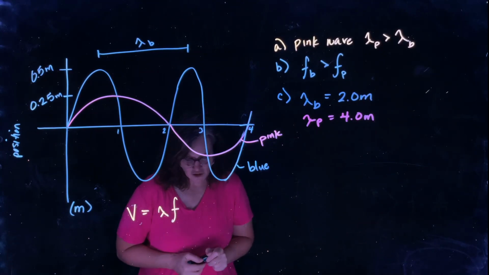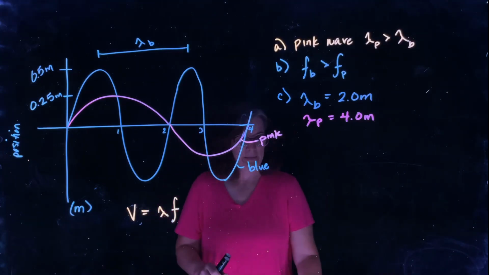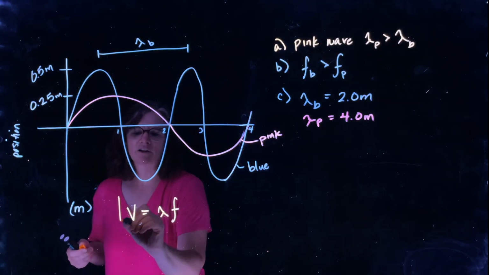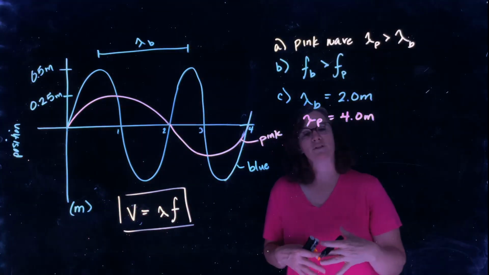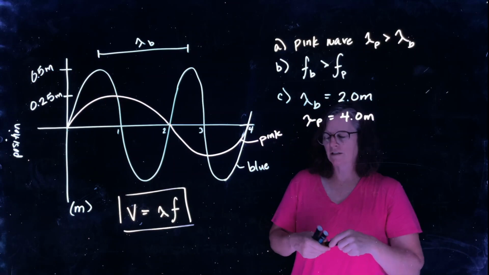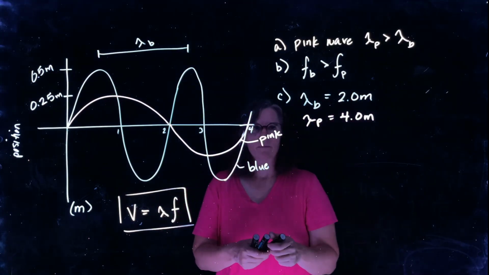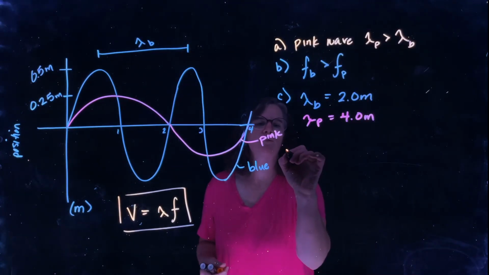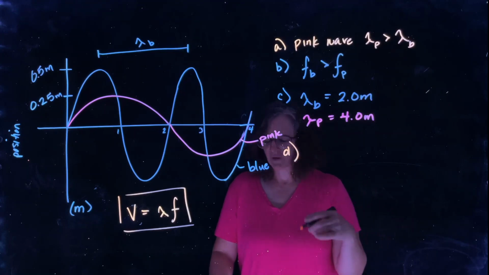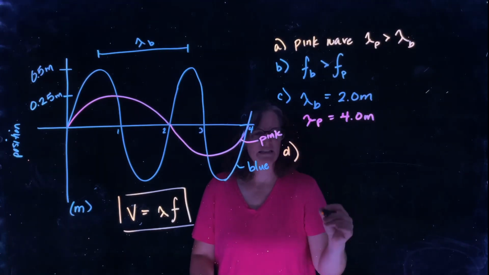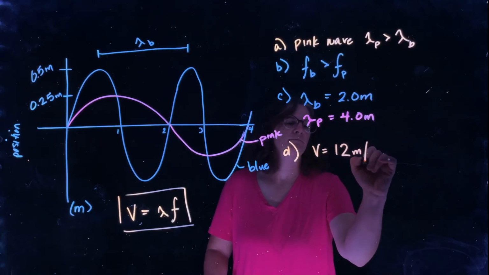And then the final question asks us to calculate the frequency based on our generic wave speed calculation. And again, you were given that in this introduction. We're going to work on it much more intently when we talk about how we use that information. But if we calculate the frequency for each wave, the wave speed is equal to 12 meters per second.